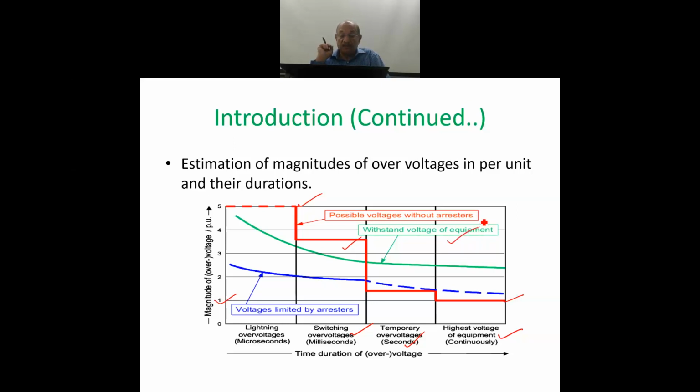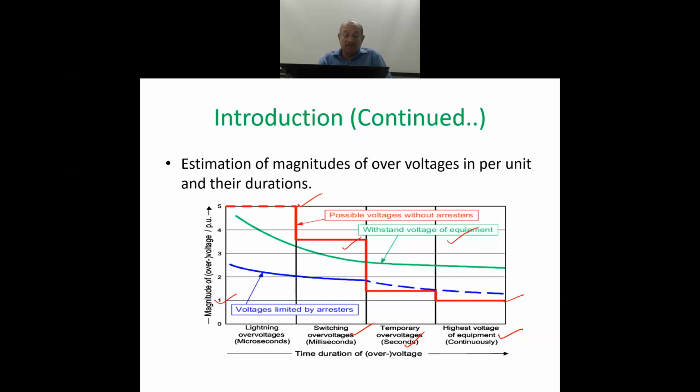That is, the network is provided a higher level of insulation in order to protect the system from overvoltage, not just the rated power frequency voltage, but also from the overvoltages. And there is some kind of protection provided in the network with the help of what we call lightning arresters, which divert the peak value of the overvoltage towards the ground.